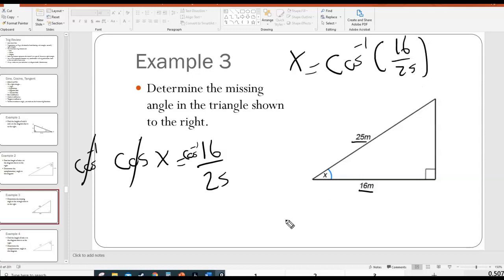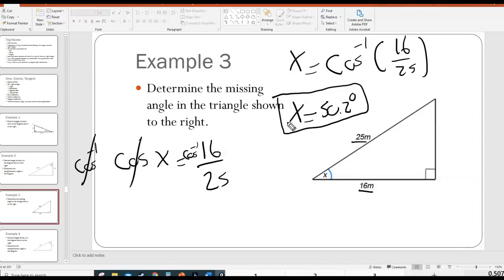And so on your calculator, you would do the inverse cosine. Usually you have to press second and then cosine or something like that, so it depends on the calculator that you have. But inverse cosine, 16 divided by 25. And if you hit enter, you should get an angle of 50.2 degrees. Okay, so just a real simple example there, finding an unknown angle.